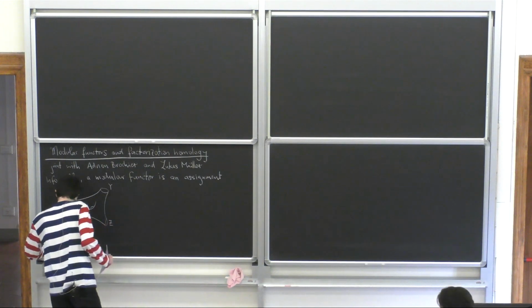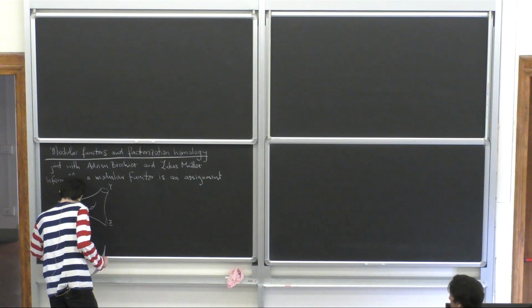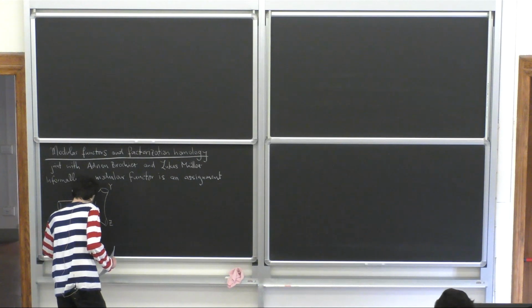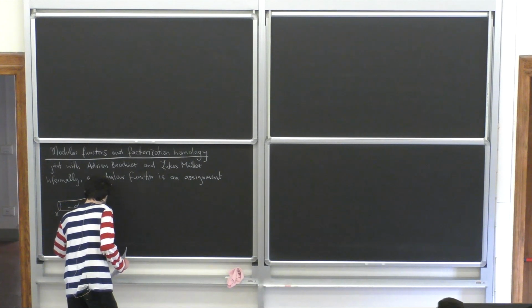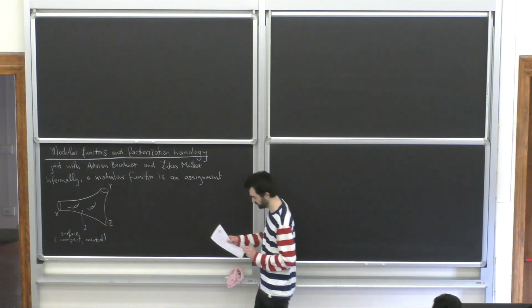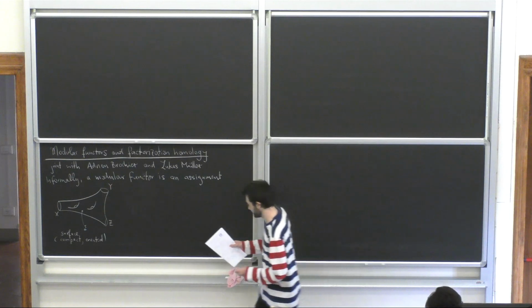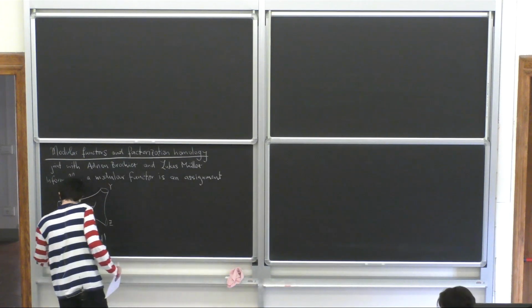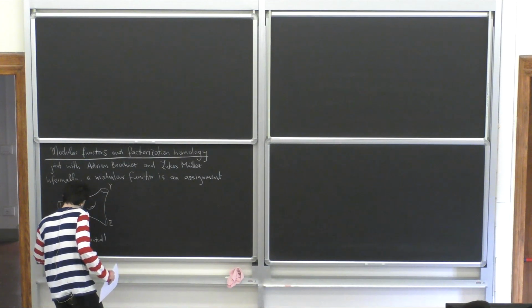And when I say surface, for me this is always compact and oriented. I will not say that all the time, so I will just say surface, and there will be boundary labels.